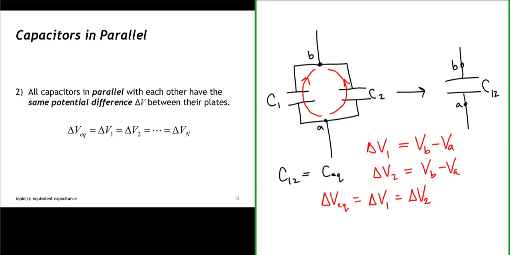This is true for any number of capacitors in parallel, and not just capacitors: any component, whether it's capacitors, resistors, or lights. Components in parallel have the same potential difference between their ends due to path independence.